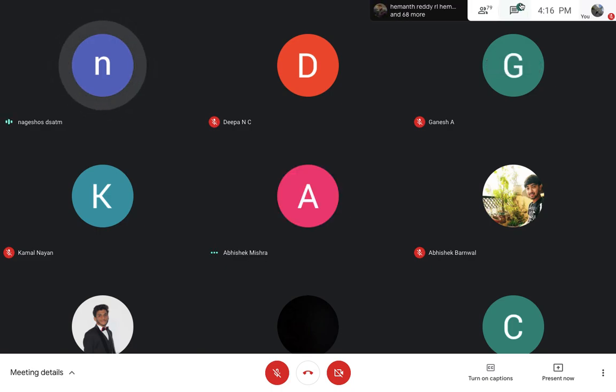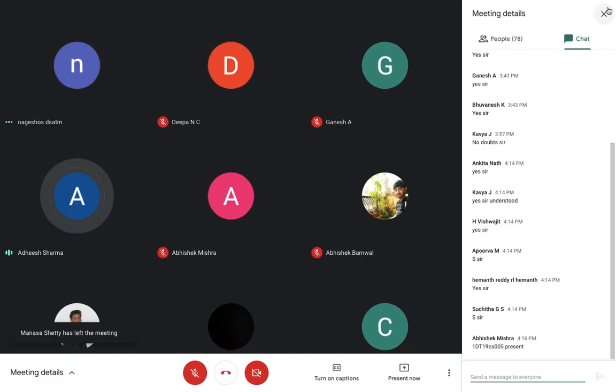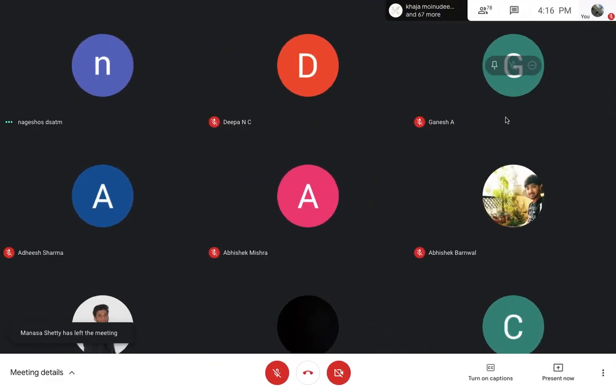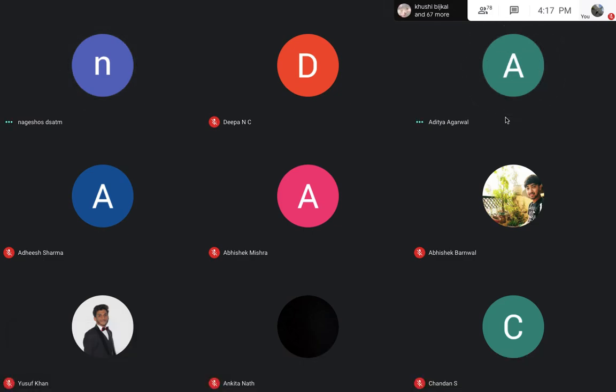Then Adi Sharma, USN 6. Present, sir. Aditya Kumar, 7. Present, sir. Aditya Pratap, 8.